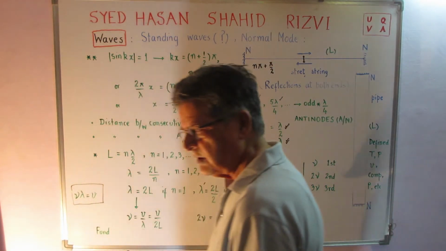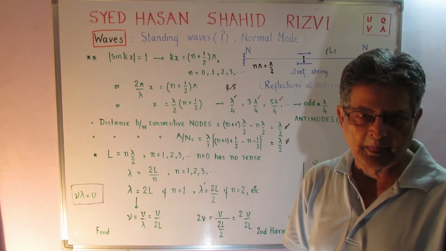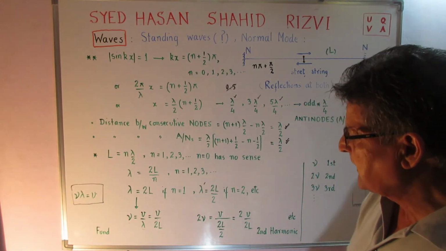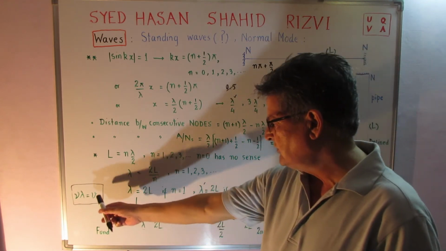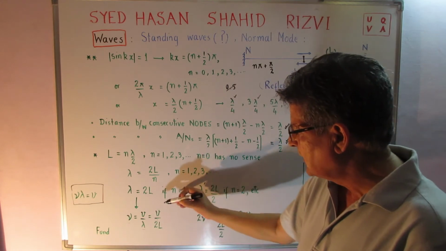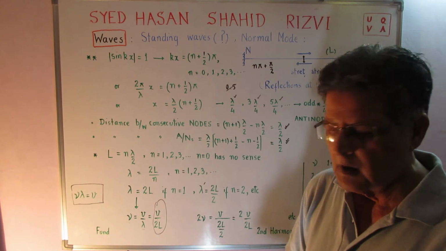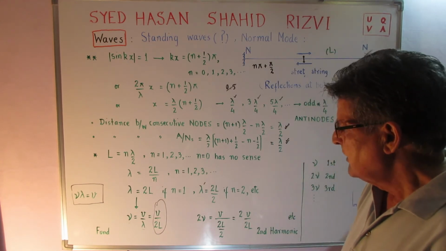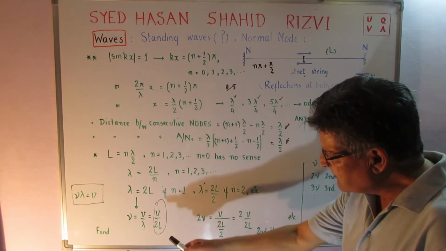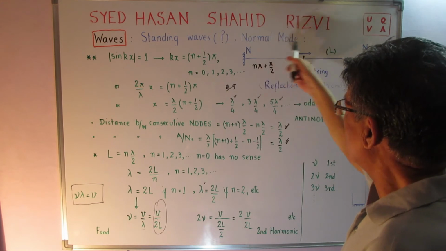What is that? In any wave, nu lambda is velocity. So I can make use of this and calculate the corresponding nu as velocity divided by lambda. So it will turn out to be equal to v divided by 2L. This is the fundamental frequency or the fundamental mode of vibration, the normal mode.